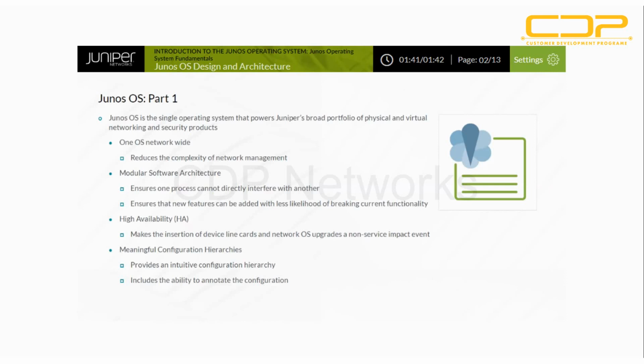They have three types of device. Three are the major ones, but they have other products also. One is the router, another is the switch, and the third is the security device, called the firewall. All three devices use the same operating system.